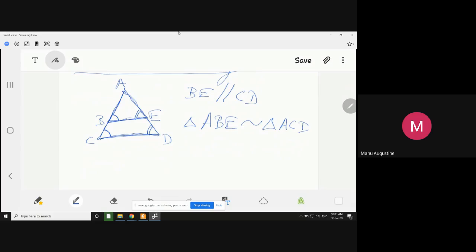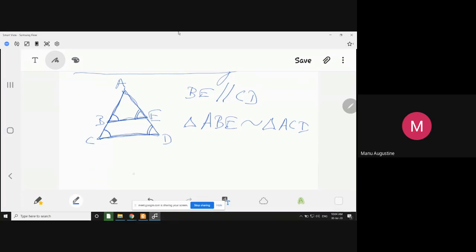If a triangle is congruent to another triangle, that simply means that those two triangles are exactly the same. They have the same size, they have the same angles, and if one triangle is placed over the other, you won't be able to see two triangles. You will see exactly one triangle only. So congruent triangles means they are exactly the same. Similar triangles means they look similar, but they need not be congruent to each other.